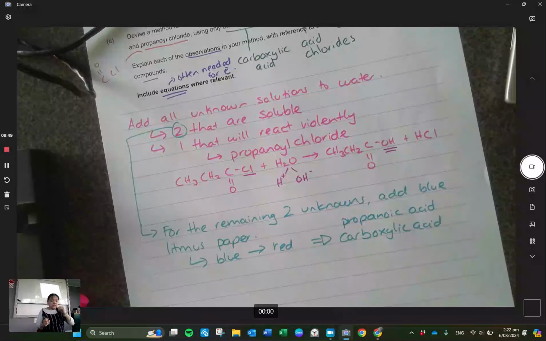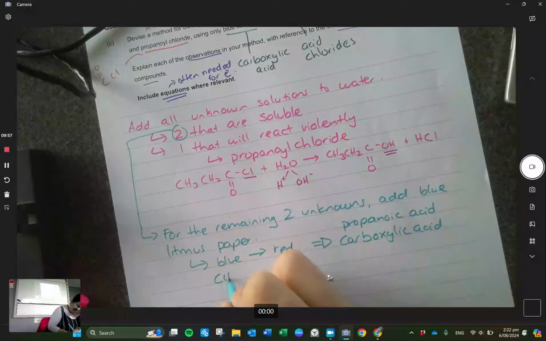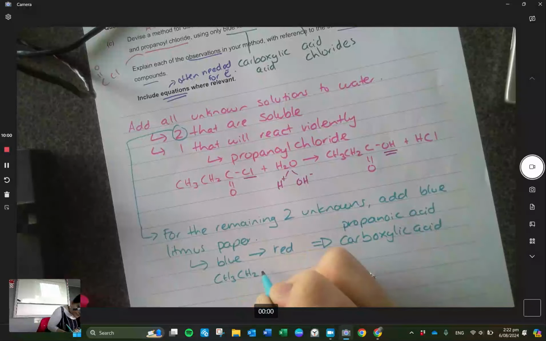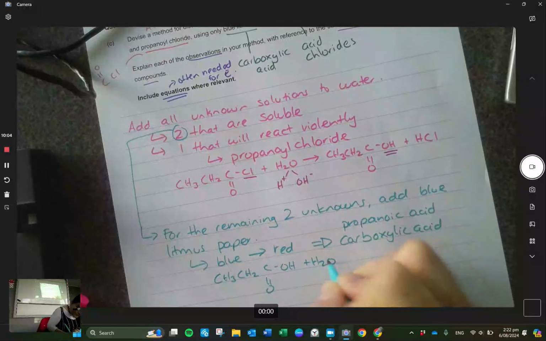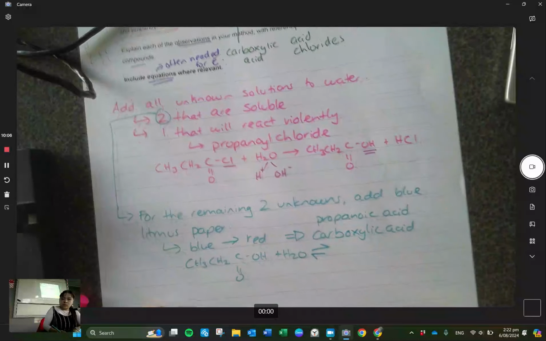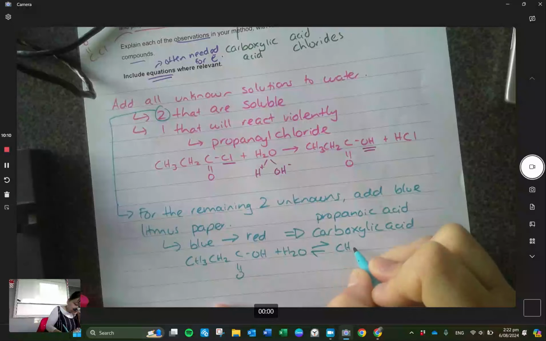This one also does have a reaction because you can state the dissociation to show that it's going to release a hydrogen ion. It's a reversible reaction because it's a weak acid. So what happens is it's going to lose that hydrogen ion and you're going to form a salt.